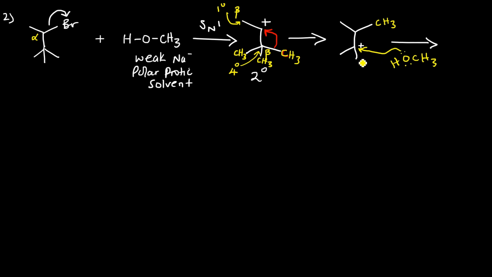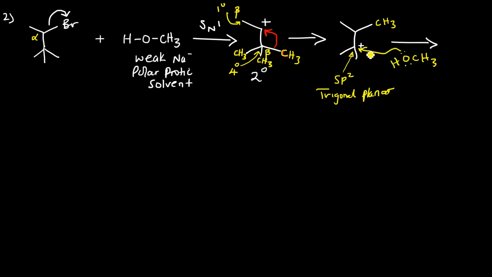Now, let me ask you, what is the hybridization of that carbon? Tertiary. Hybridization. sp2. sp2. So in other words, it's trigonal planar. That's why I'm saying this nucleophile can attack from the top or bottom.